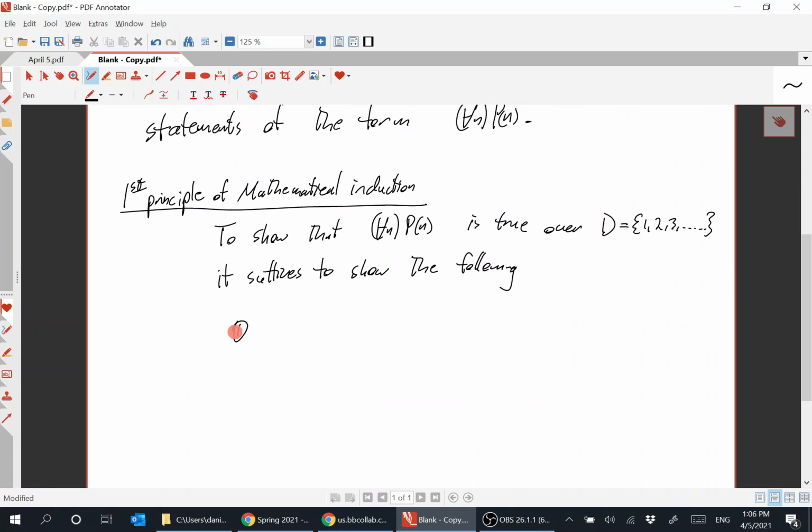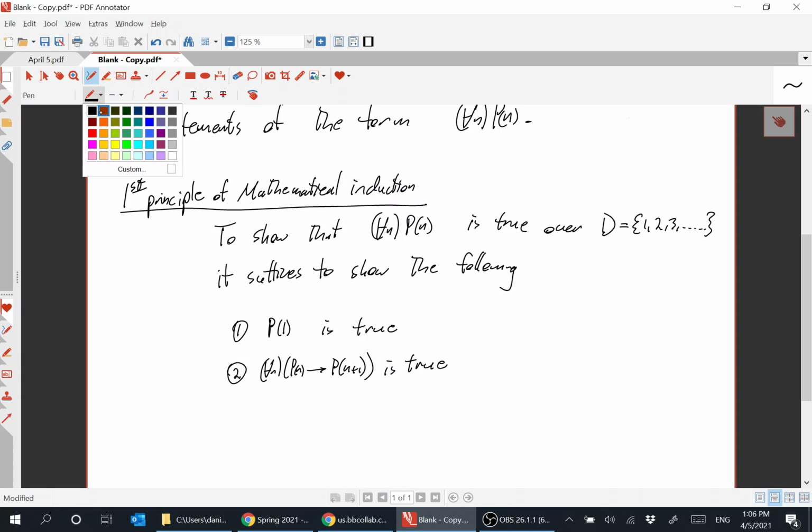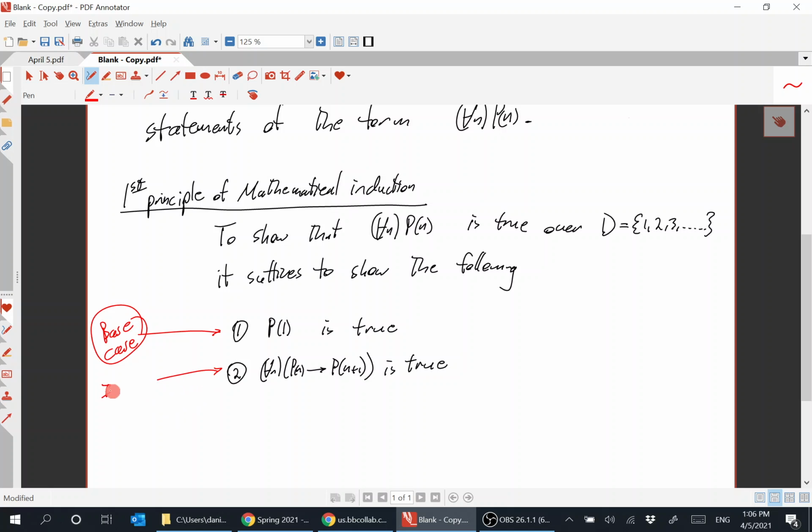One, P1 is true, and two, for every n, Pn implies Pn plus 1 is true. So this first thing that you show is called the base case. And this second thing that you show is called the inductive step.